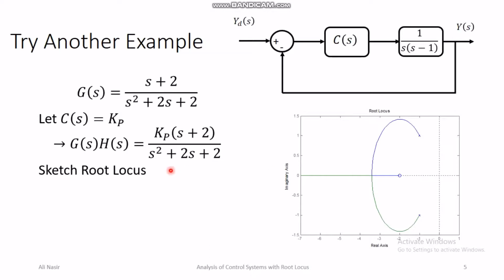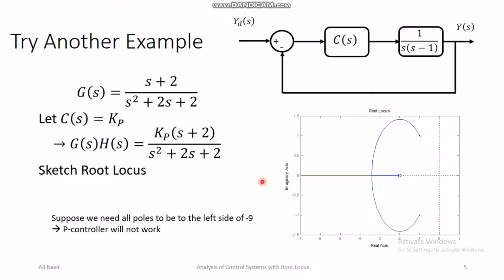But as good as it looks, there are some limitations with this controller. So suppose we need all the poles to be to the left of the point -9. So -9 is not shown in this graph, but suppose we want to drag both of these poles really to the left.